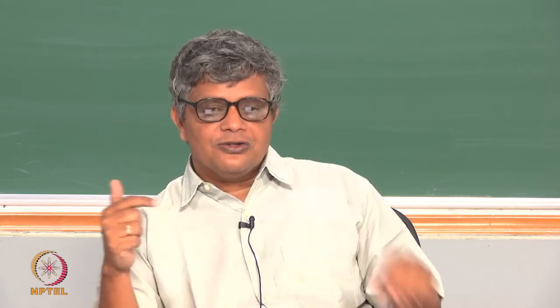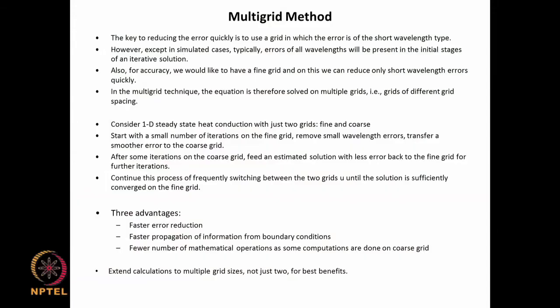The number of operations required on the coarse grid to get a solution for the error is far less than what is required on the fine grid. And since you are doing part of the computations on the coarse grid, your overall number of arithmetic operations is reduced. So, because of all the 3 advantages, you can get a much faster solution with multigrid.